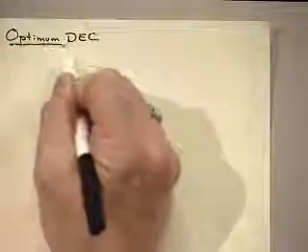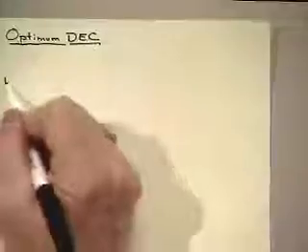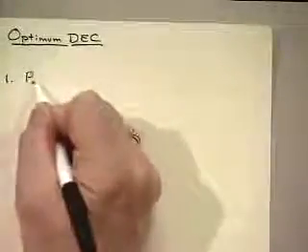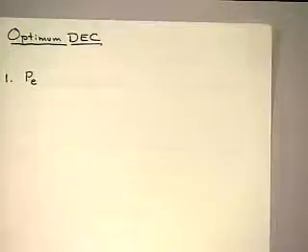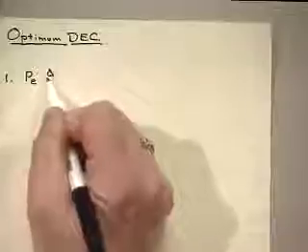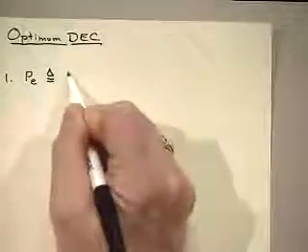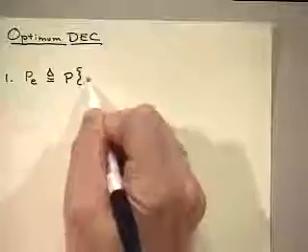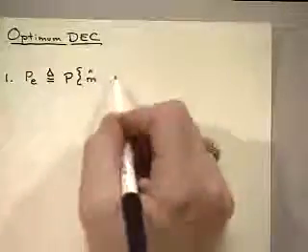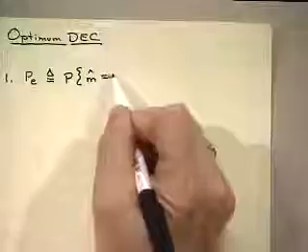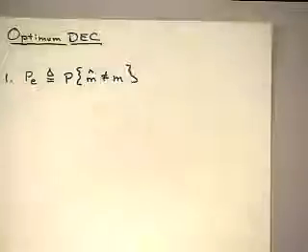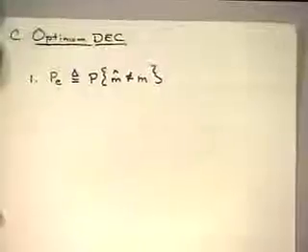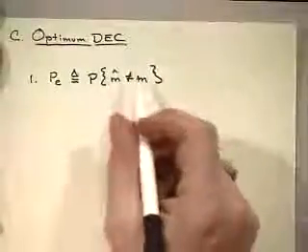So let's get to that. Optimum DEC. The probability of error, which we call P sub E, is defined in transmission as the probability that the message decided by the DEC box is not equal to the actual message that was transmitted.